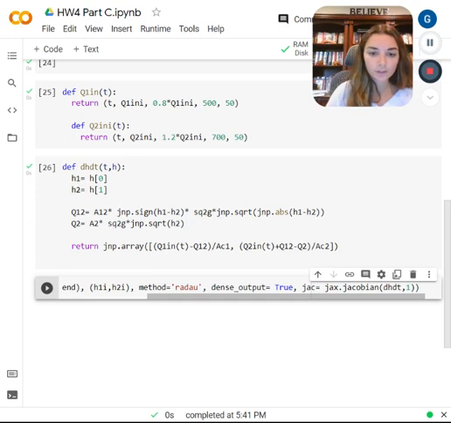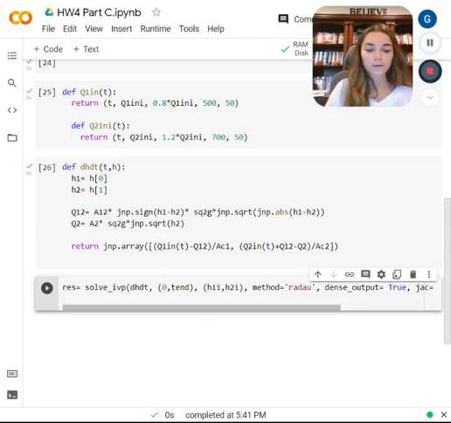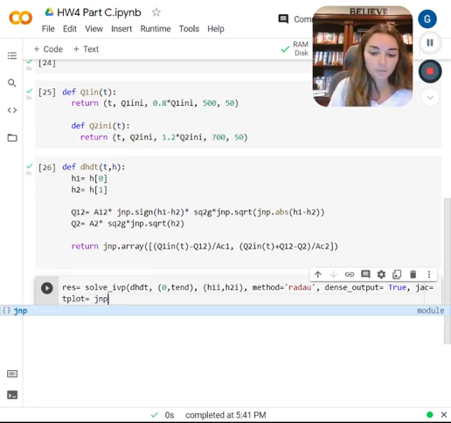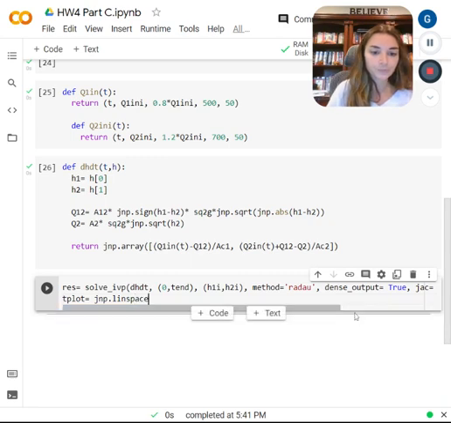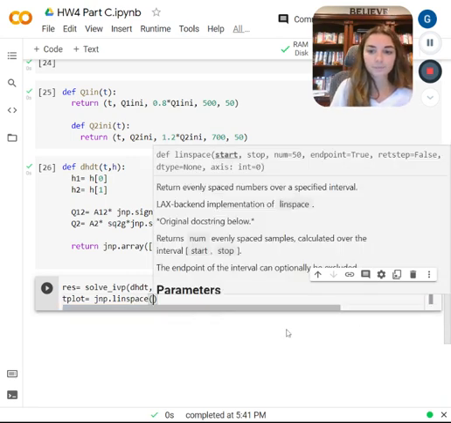Alright, now we want to plot our time. Okay. Alright, there we go. We're going to use linspace for start and stop.